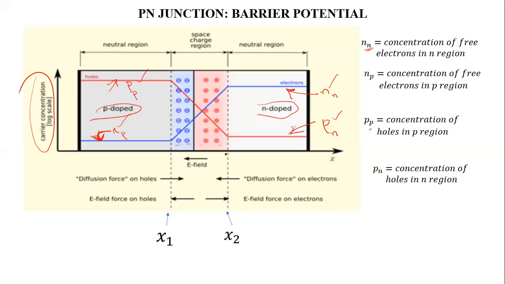Okay, so this is how the electron and hole concentrations will vary over the p-n junction, and how the depletion region is formed. In a subsequent class, we will calculate the potential barrier across this junction region, the space charge region, and also the width of this depletion region. That's what we are going to do in the subsequent classes this week.